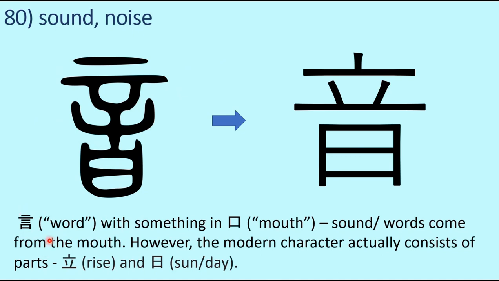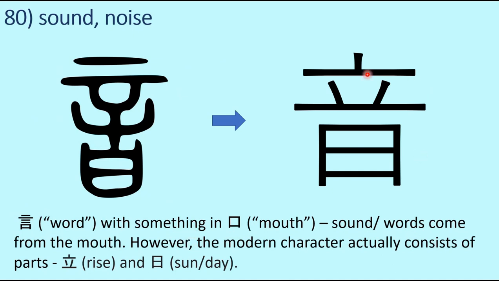So this basically represents word with something in mouth. By combining these two, what we get is sound or words that are coming out of the mouth. So that's why the characters of word and mouth are combined to arrive at this kanji.